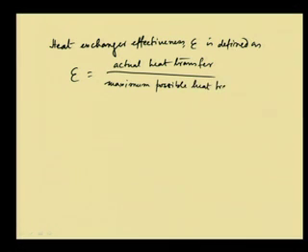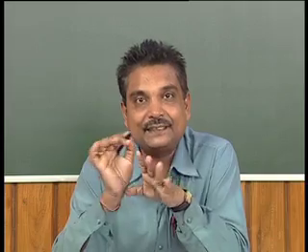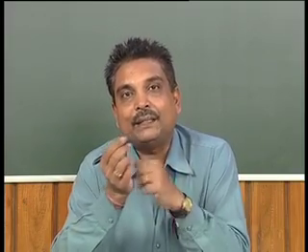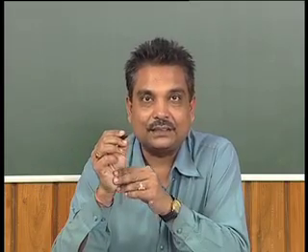Now, what is this actual heat transfer? Actual heat transfer means the amount of sensible heat, or maybe latent heat, being given by the hot fluid and taken up by the cold fluid. That is nothing but the actual heat transfer through the heat exchanger.